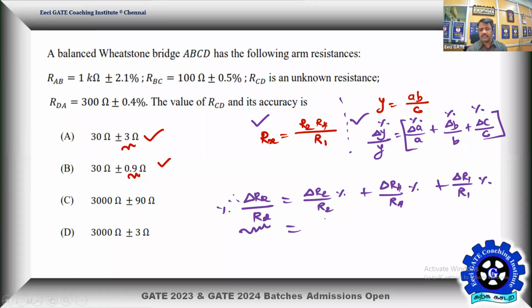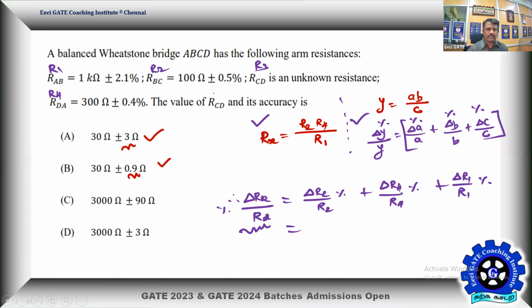What is the percentage? This is R1 for us, this is R2, this is taken as R3, and this is taken as R4. Just take the tolerances. Anyway, we simply need to add the tolerances.